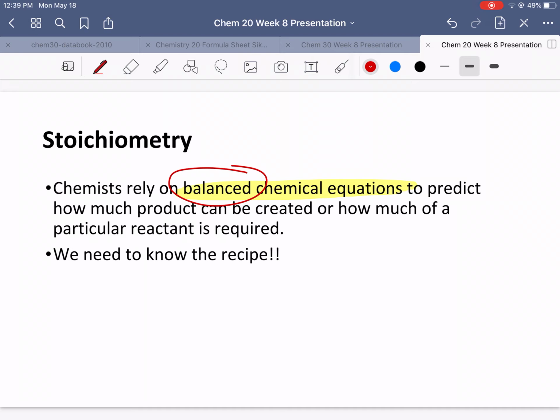How much of the reactants do we need to do this? You don't want to have too little, or you're not going to have enough for everyone. You're going to have too much, or another town or city might be too low. So figuring out amounts is significant in so many different facets of society. In other words, we are looking for the correct recipe to get what we need.